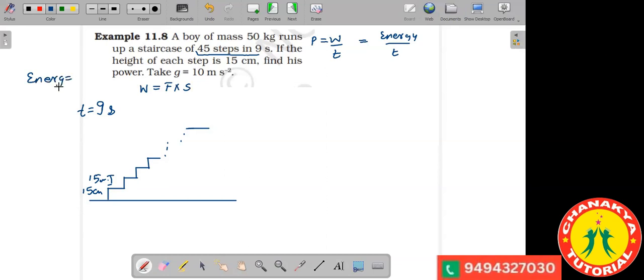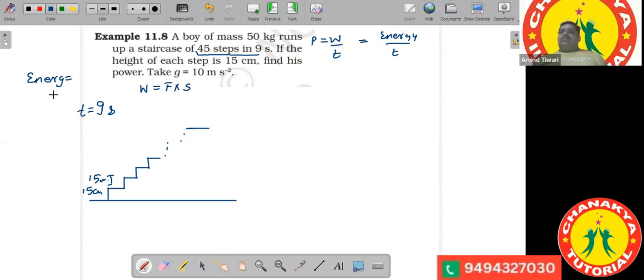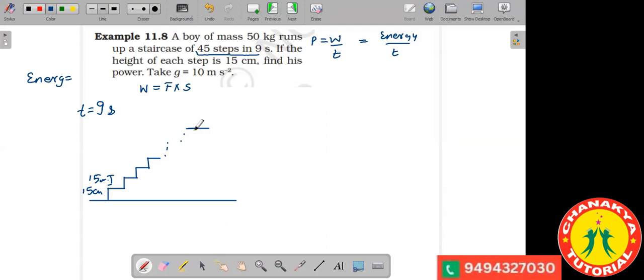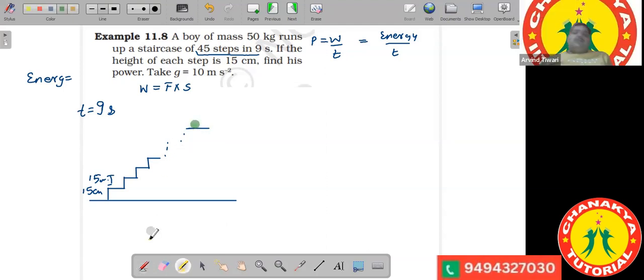Sir, the kinetic energy, right? No, it's not the kinetic energy. Since he is running upward, he is gaining potential energy, not kinetic energy. His potential energy is given by the formula mgh.